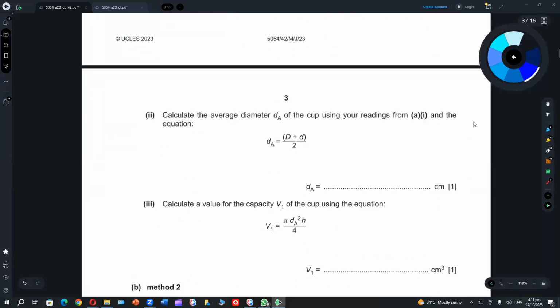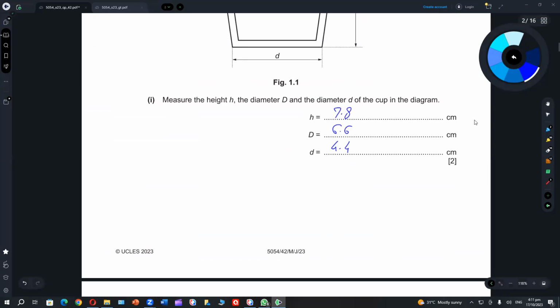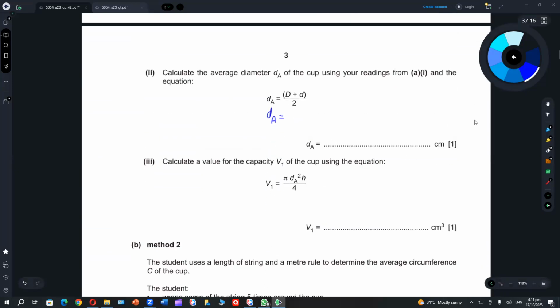Calculate the average diameter dA of the cup using your readings. 6.6 plus 4.4, divided by 2, is 5.5.